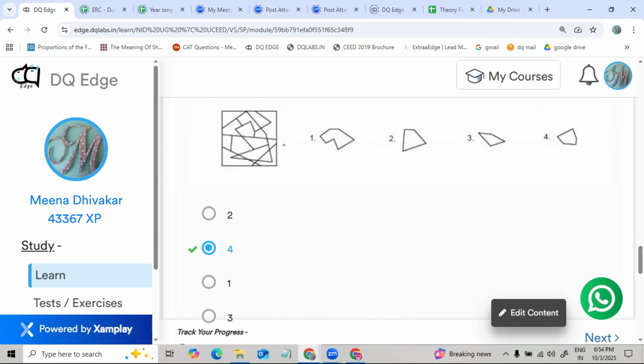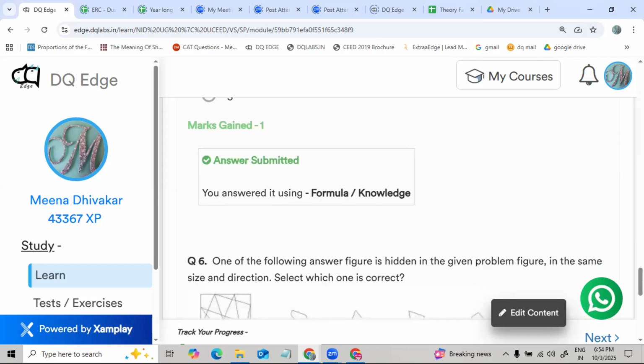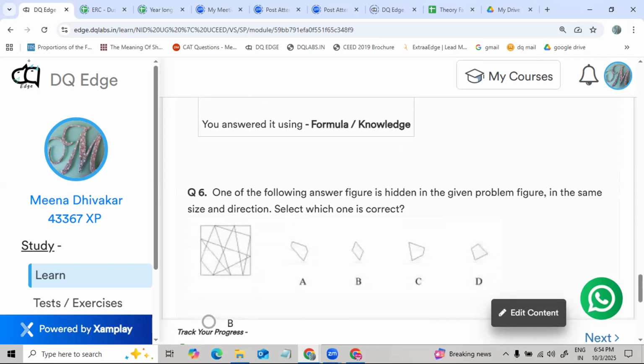You need to be very careful when you give your answer. Next. One of the following answer figures is hidden in the given problem figure in the same size and direction. Select which one is correct.